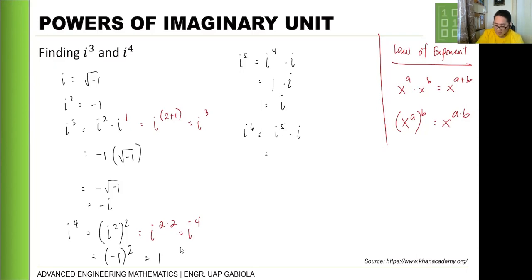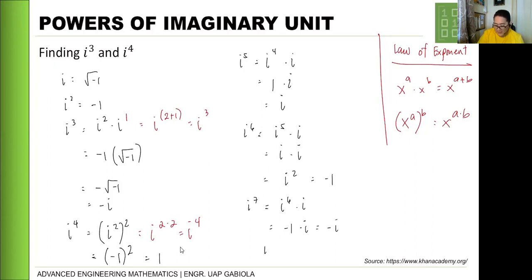The value of i to the fifth is i, times i, so we have i squared, which is equal to negative 1. Another one, i to the 7 is equal to i to the 6 times i. So i to the 6 is negative 1 times i, which is equal to negative i.